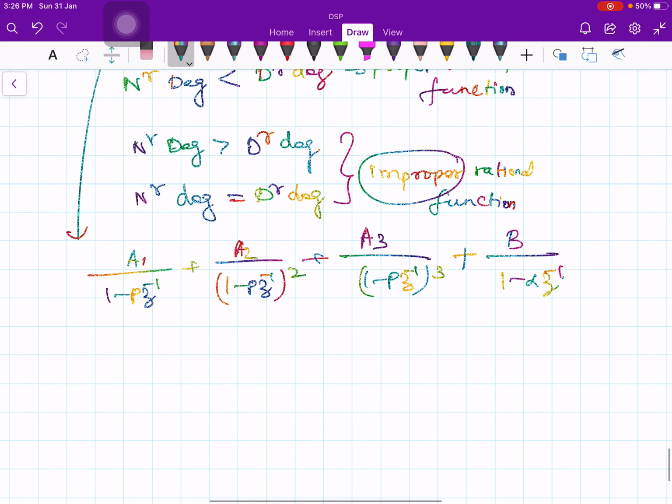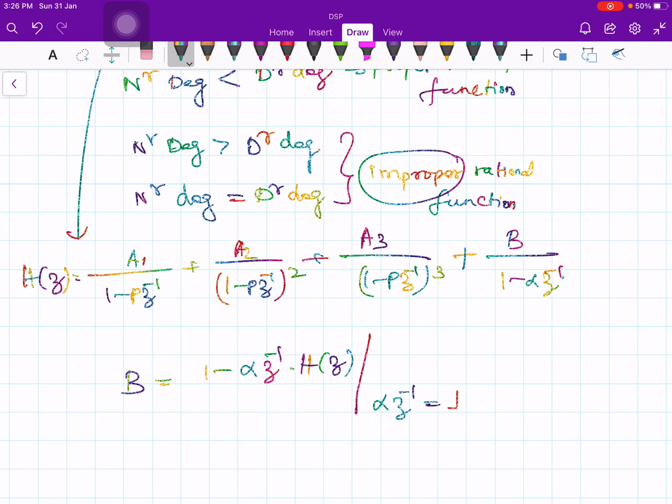Now we can find out b very easily, right? How will you find out b? b is equal to 1 minus alpha times z inverse times H of z. This product is evaluated at alpha z inverse is equal to 1. Okay, so do not bother about finding the value of z.